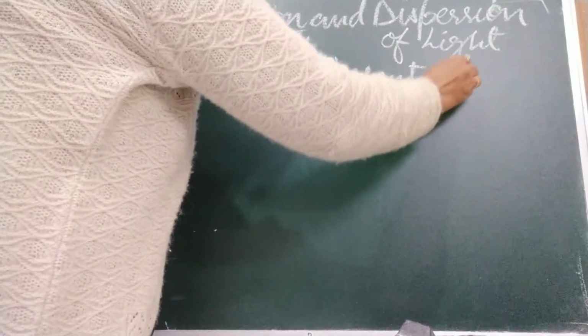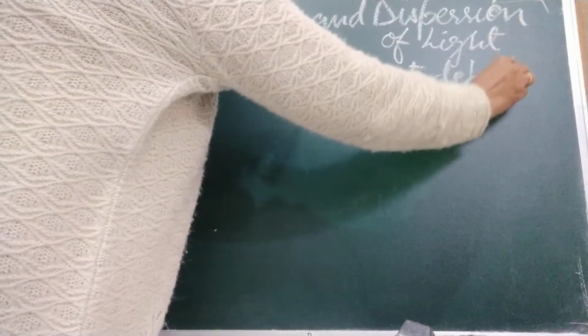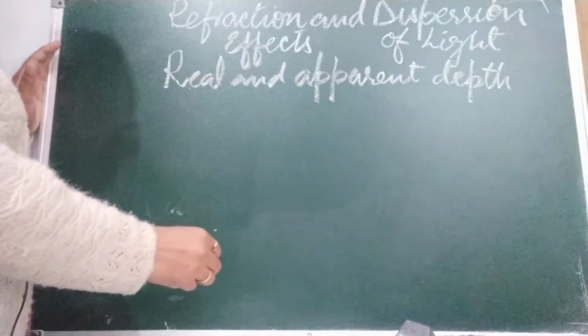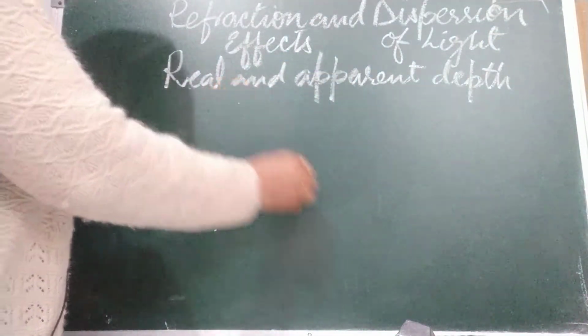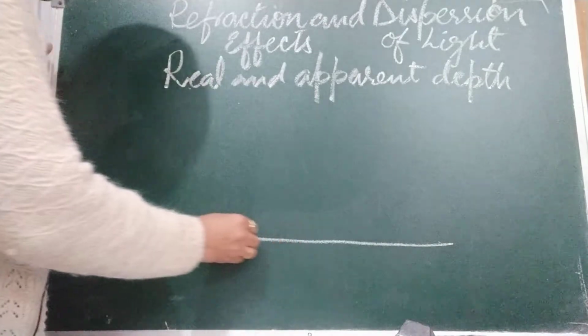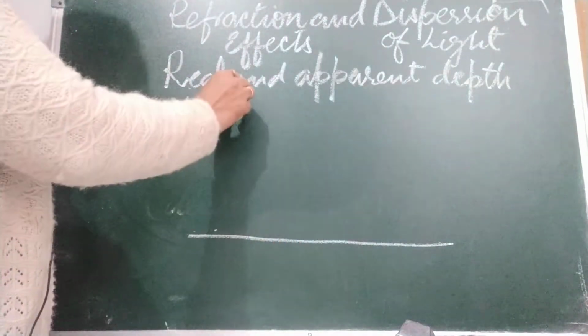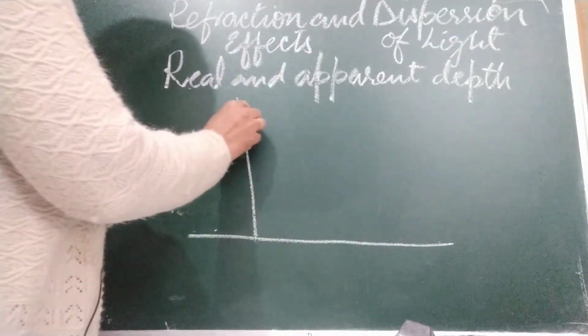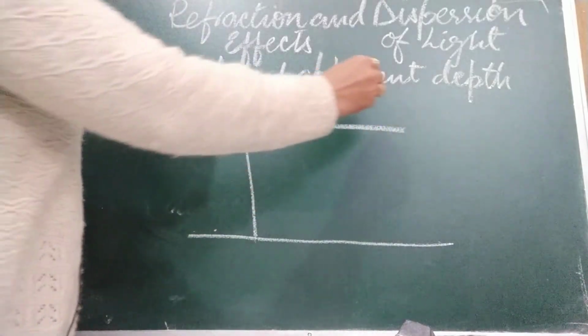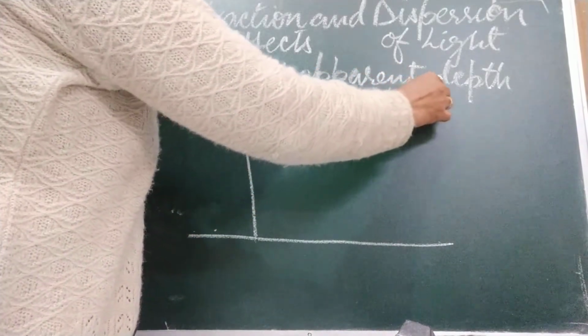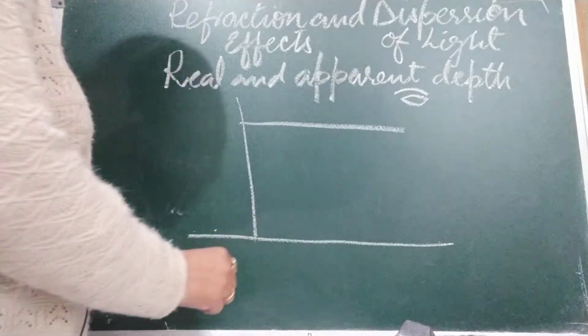Real means actual, and apparent means which seems. So we are taking the example of a swimming pool. Okay. This is the real depth of the swimming pool. But when we see from outside, what happens?